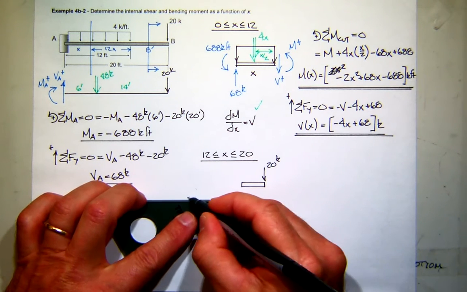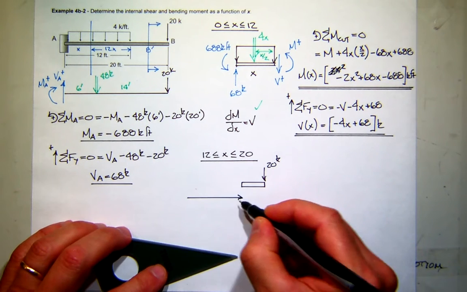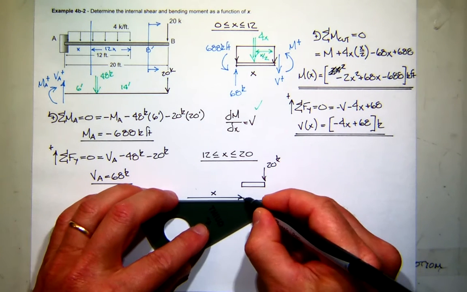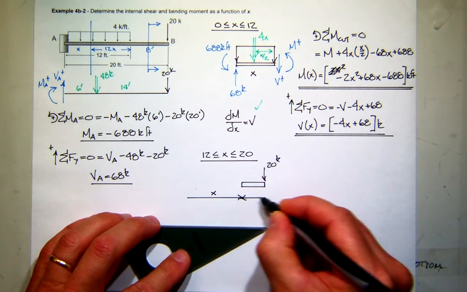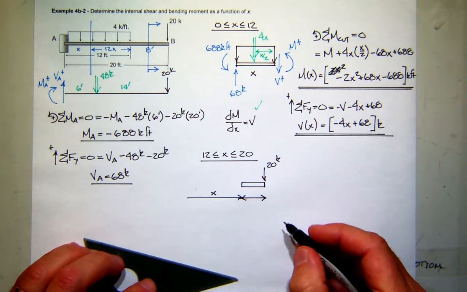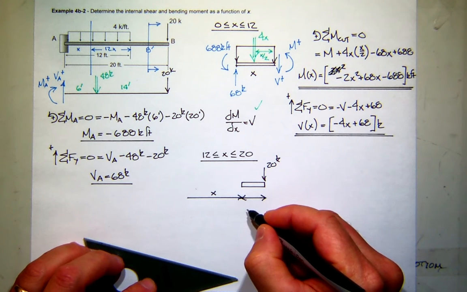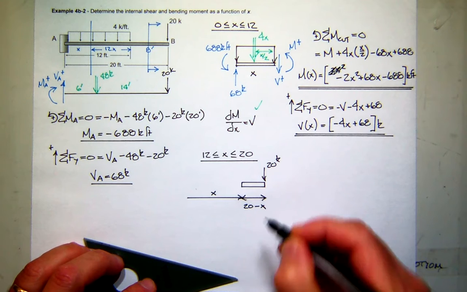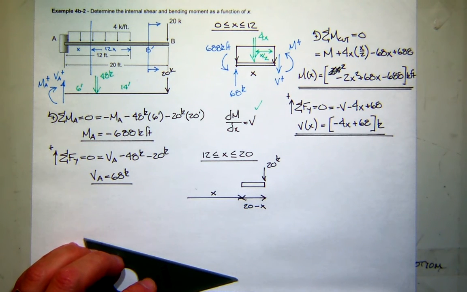So over here from the left, that's still the distance x to the cut. So what's the little stub of the beam left over? What's its length? 20 minus x. Right? Everybody see that?